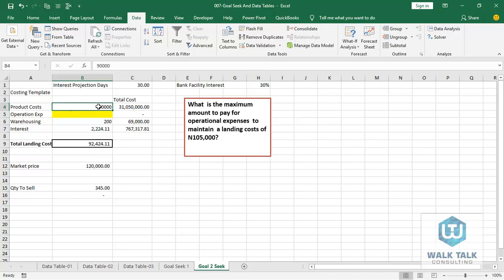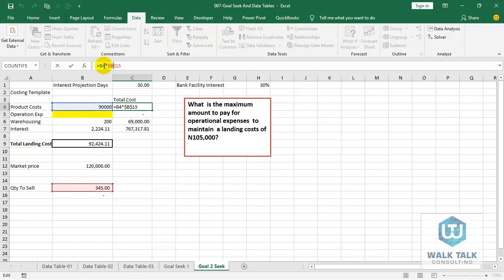Now the product cost is 90,000. The total cost is a function of B4, which is the quantity, times B15.